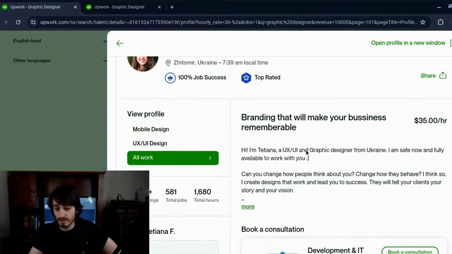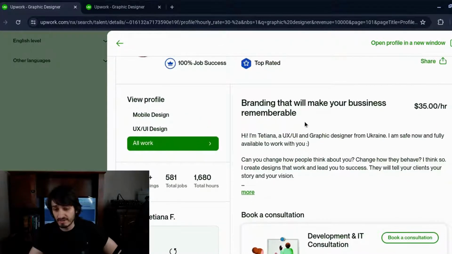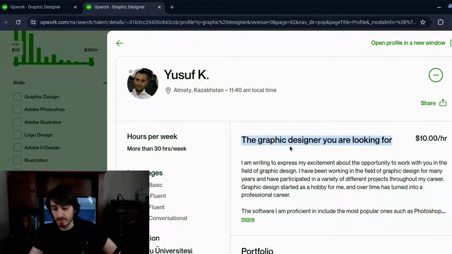But the difference we're going to notice here is that "branding that will make your business rememberable" is a benefit. That's marketing. It's saying, work with me and your business will be more remembered by your customers. Here, he's just saying, work with me and I'll be the guy that you're looking for.